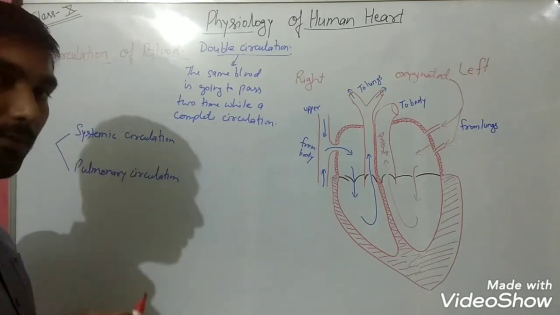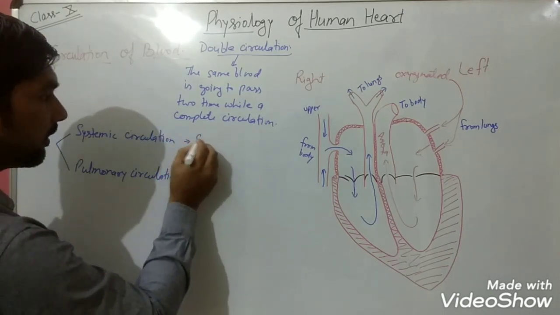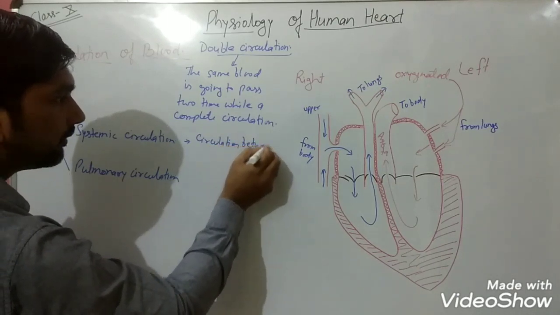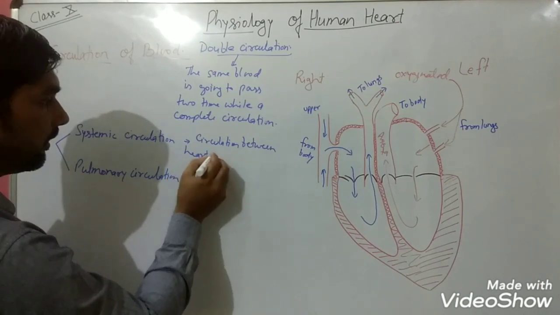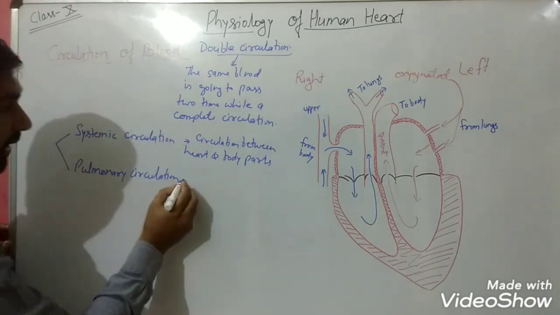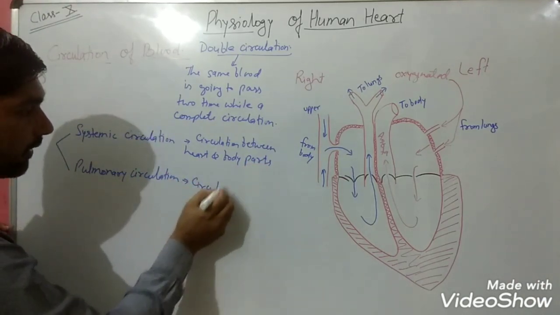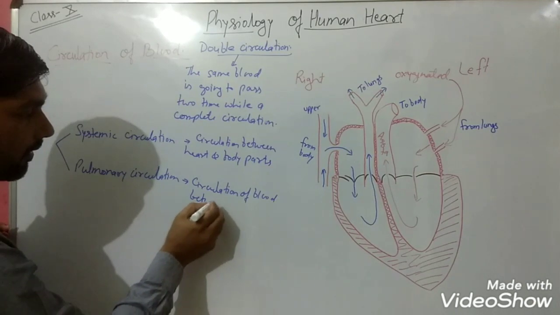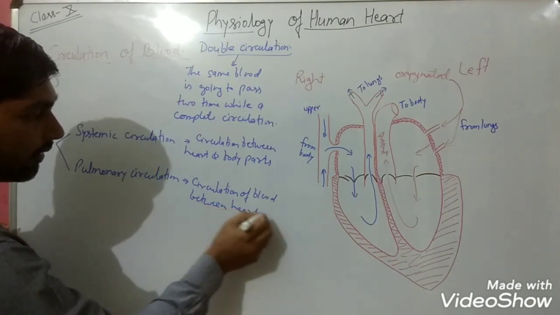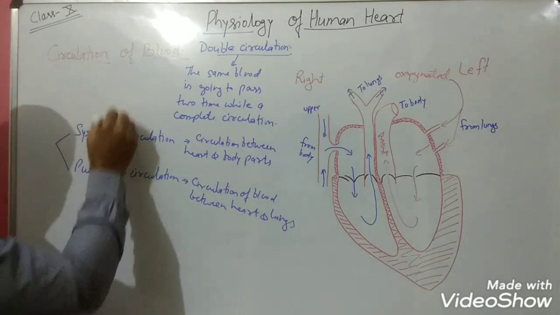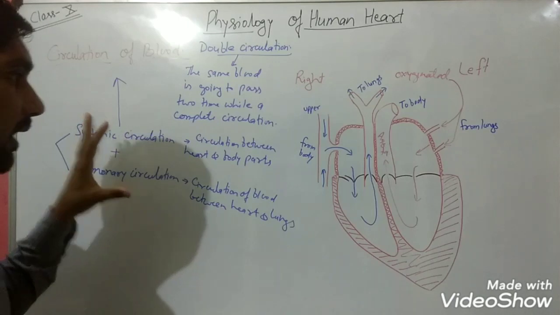So systemic circulation is the circulation between the heart and body parts, and pulmonary circulation is the circulation of blood between the heart and lungs. So finally, when both of them are completed, the circulation of blood will be completed.